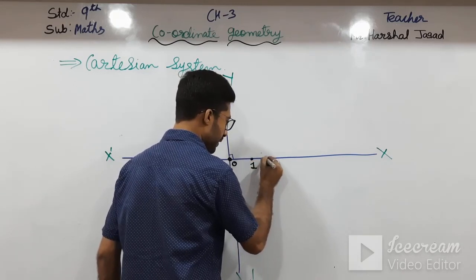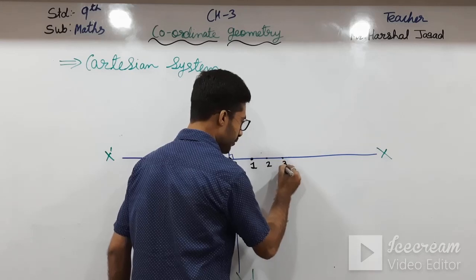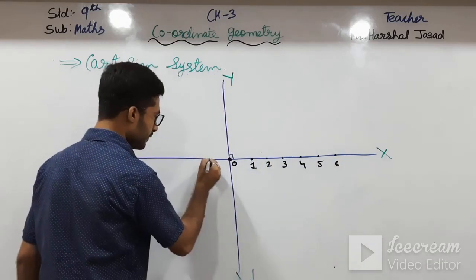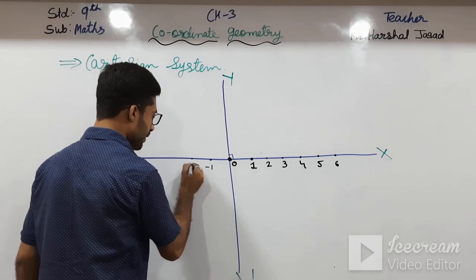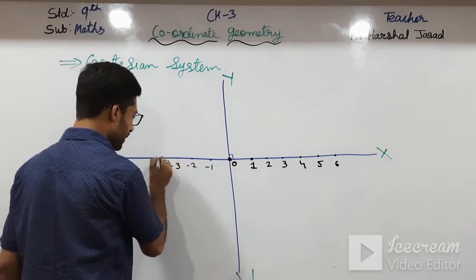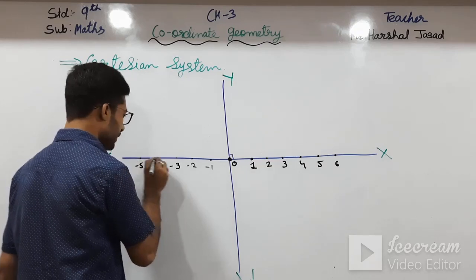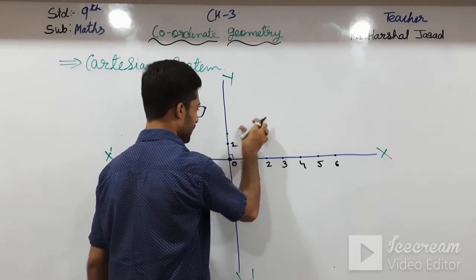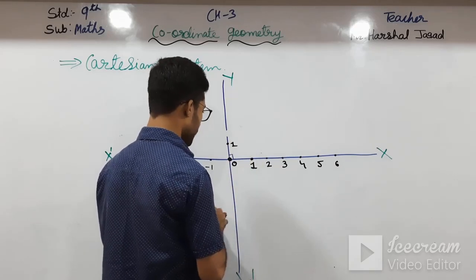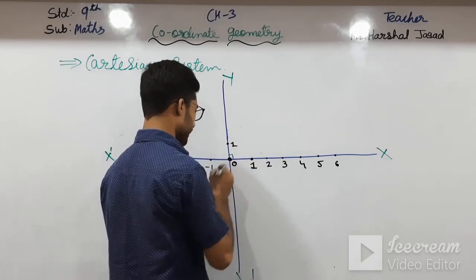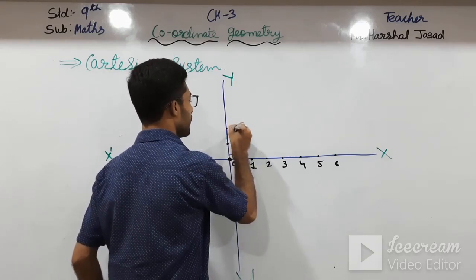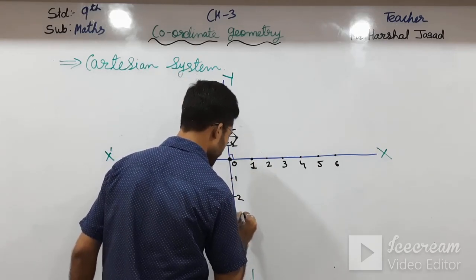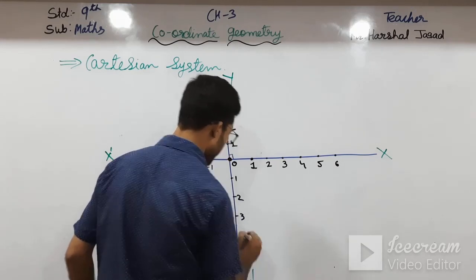This is 1, 2, 3, 4, 5, 6. -1, -2, -3, -4, minus 5, and here 1, sorry, it will not come over here, the distances were not the same. So 1, 2, 3, 4. Here also 1, 2, 3, 4, 5.